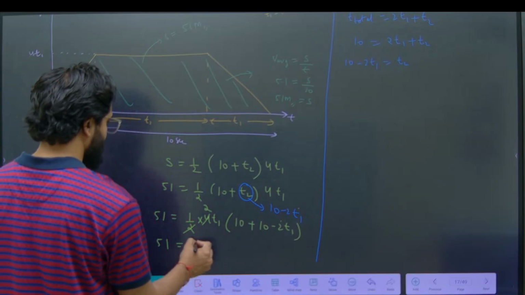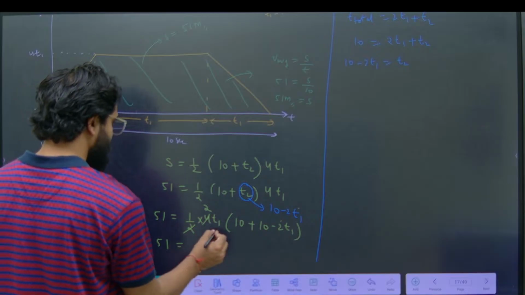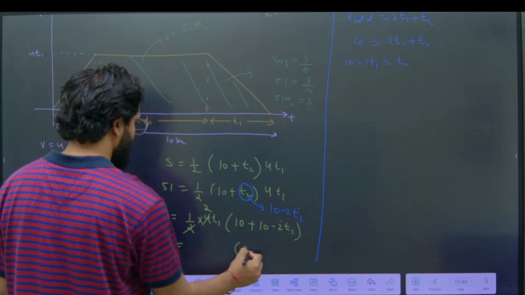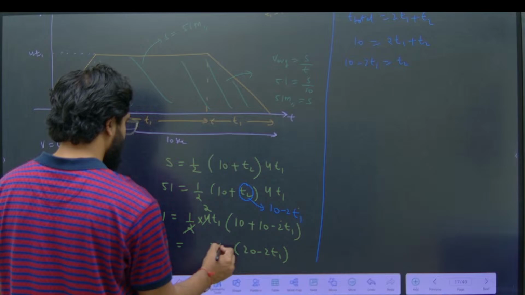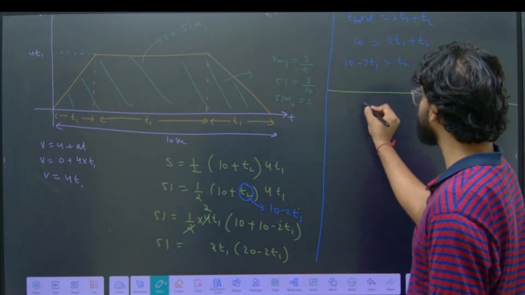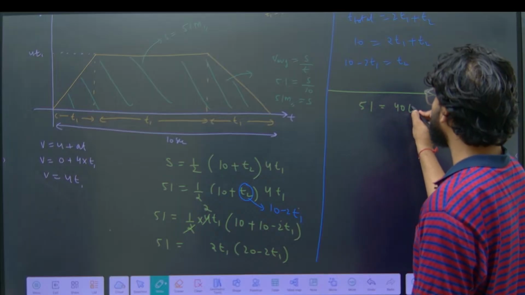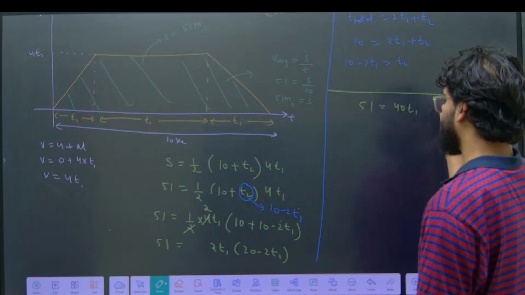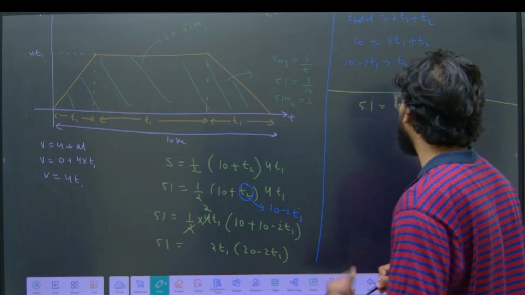T1 is also there, so it is 20 minus 2T1, and over here you have 2T1. Let's solve it. 51 equals 40T1 minus 4T1 square.